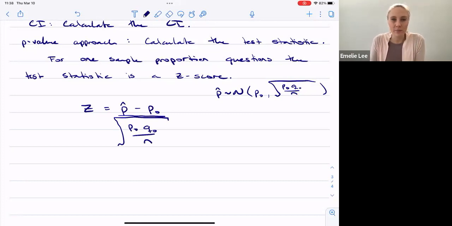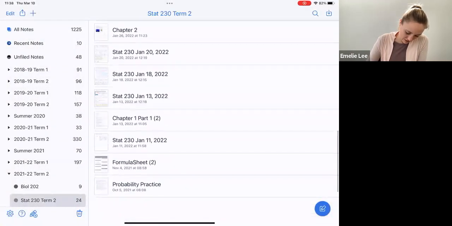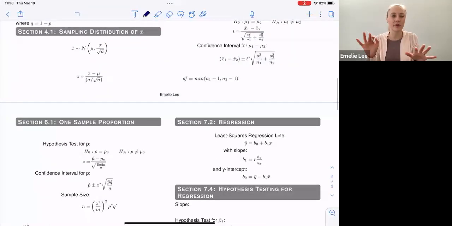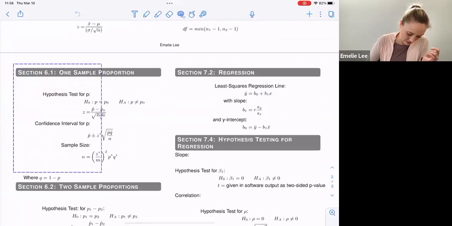I also want to point out that on the formula sheet that I've posted, the information is here for you to pick apart and have your way with. We're in the one sample proportion section right now.